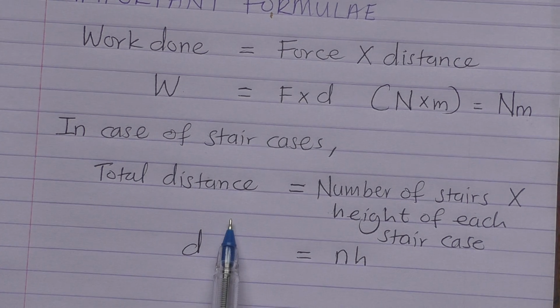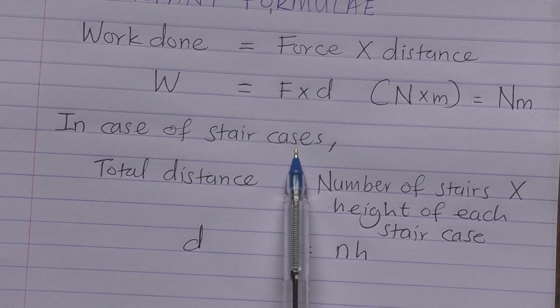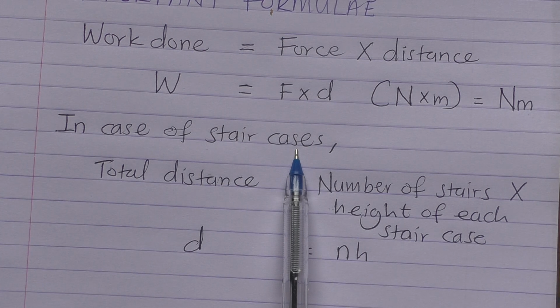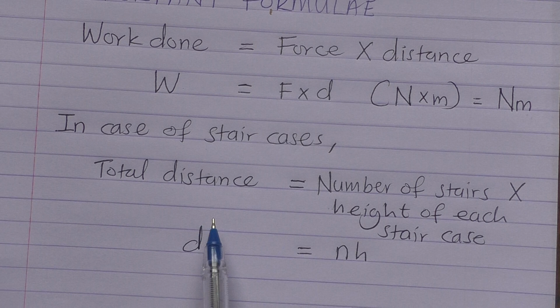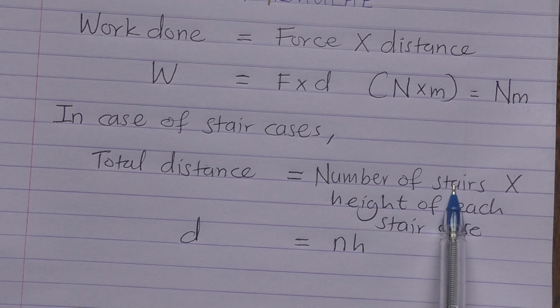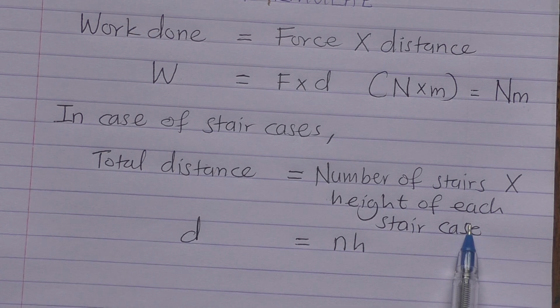Then, in the case of staircases, there are cases where we get the distance moved, but on a staircase. That distance moved on a staircase is given by the number of steps or stairs times the height for each step or staircase.